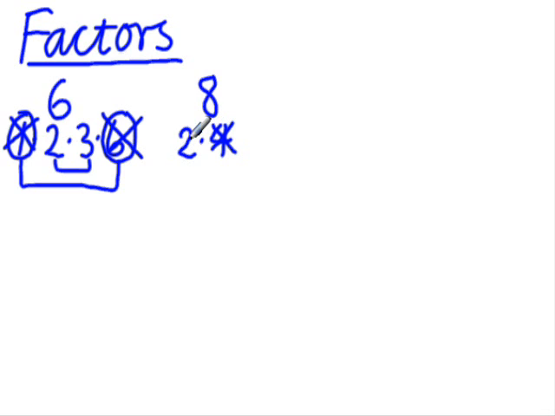How many times will 2 go into 8? 4 times. So the prime factors of 8 would be 2 times 2 times 2, or 2 to the third power, 2 cubed.